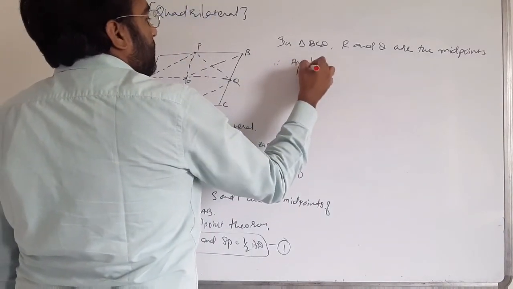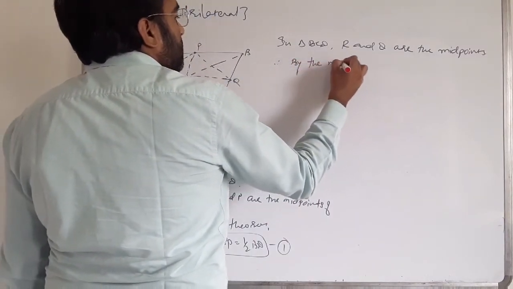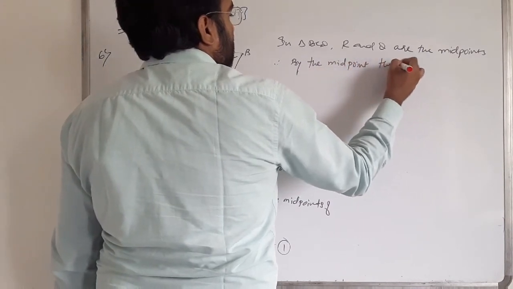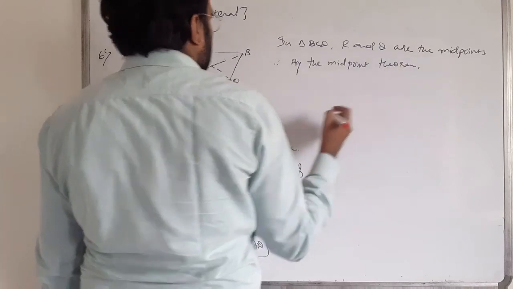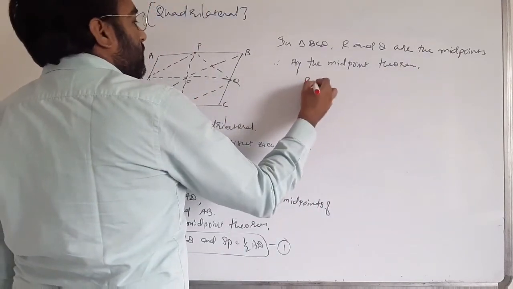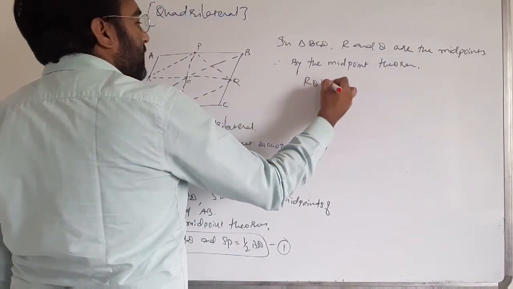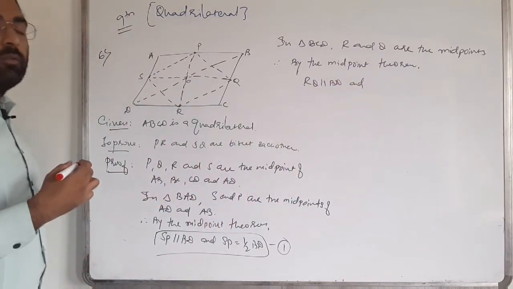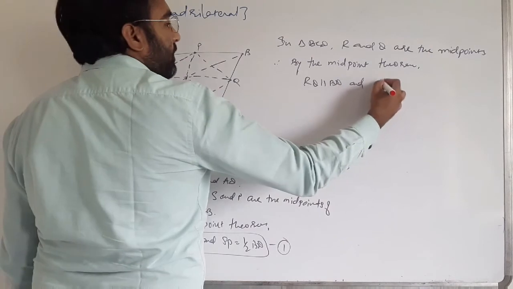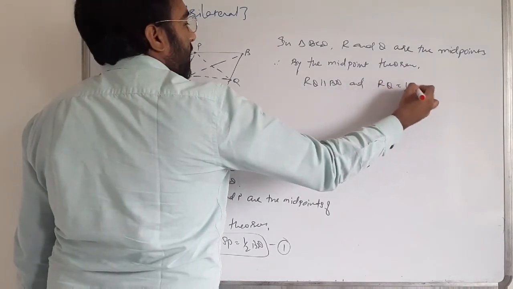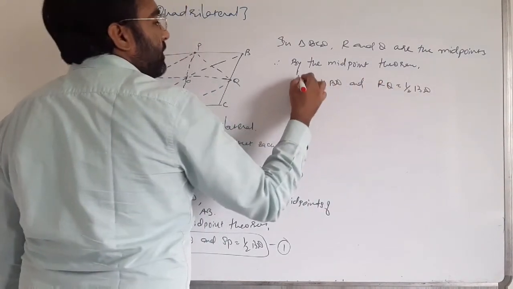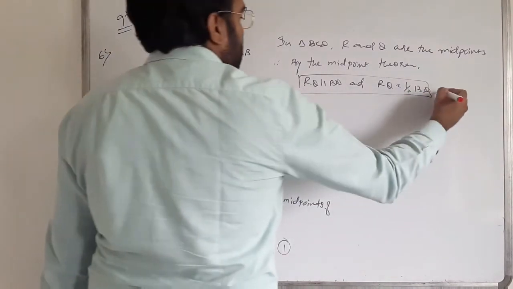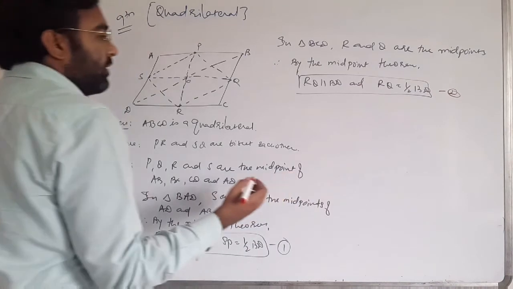Therefore, by midpoint theorem, RQ is parallel to BD and RQ is half of BD. Okay, this is the second one.